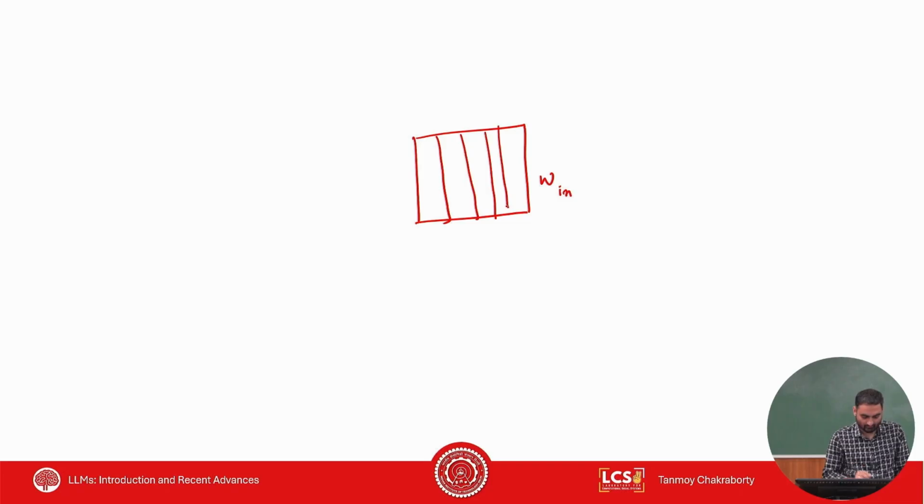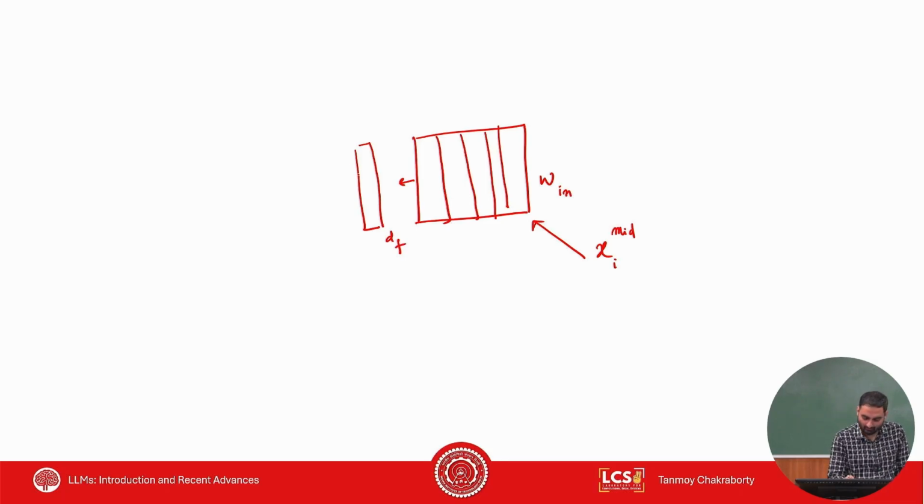Okay, whatever I said. So this is my W in. In W in, there are these columns, and you apply xi mid here. It will produce a vector of size df.